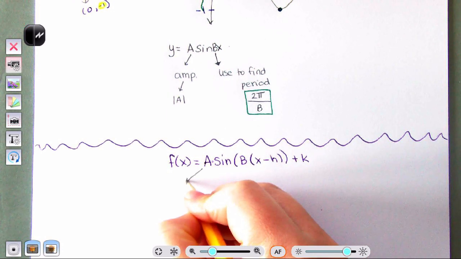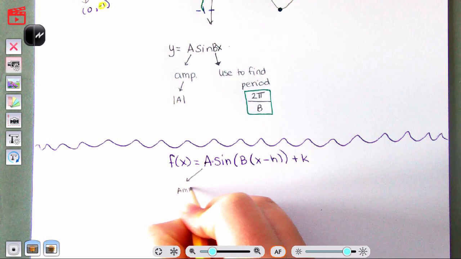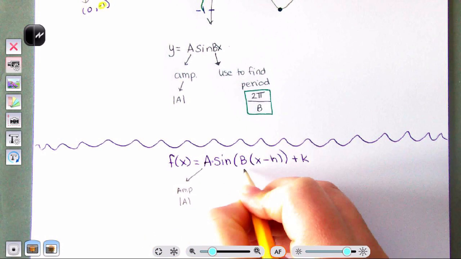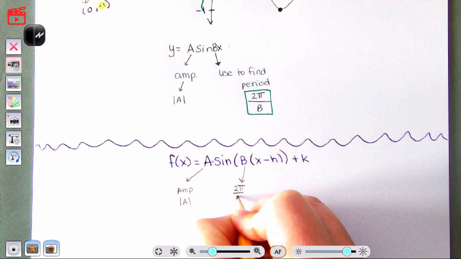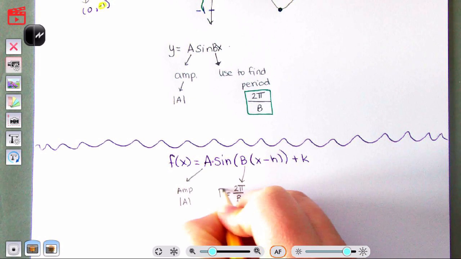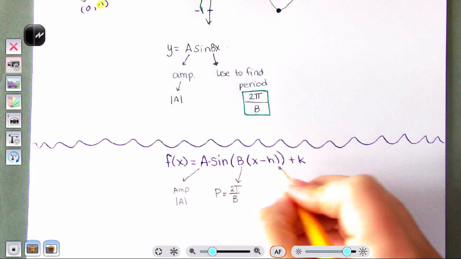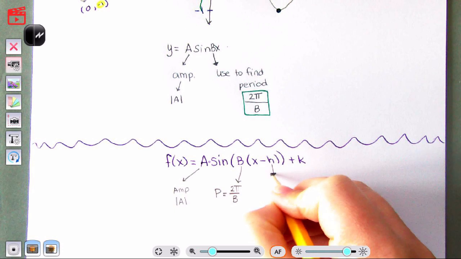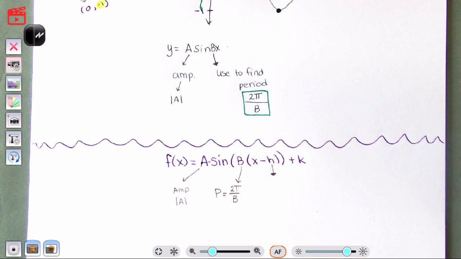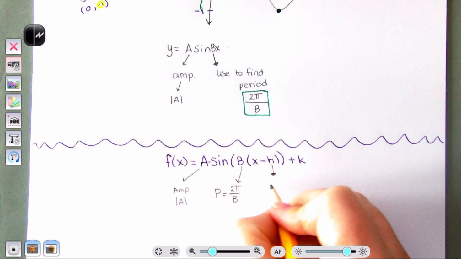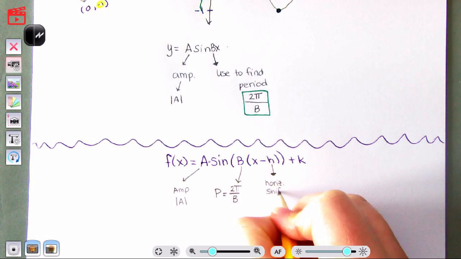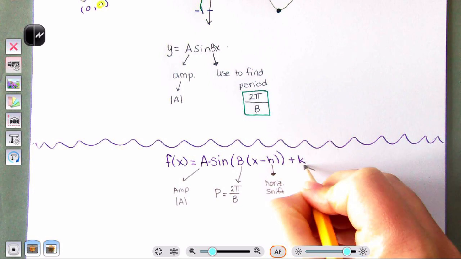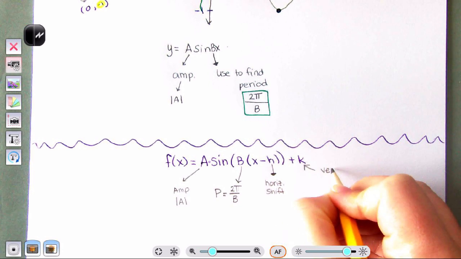So for A, we already know that's amplitude. For B, we know that it is your period. So 2 pi divided by B is your period. Now H is same thing it always was. That is your horizontal shift. And then your K, again, we always know what this is.